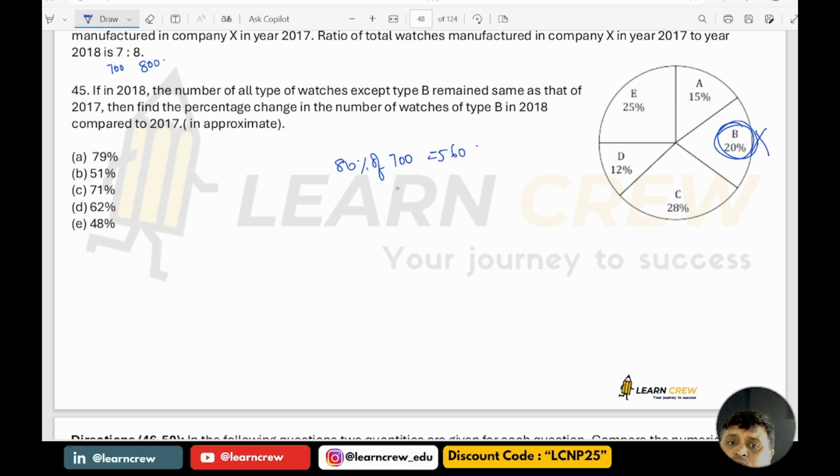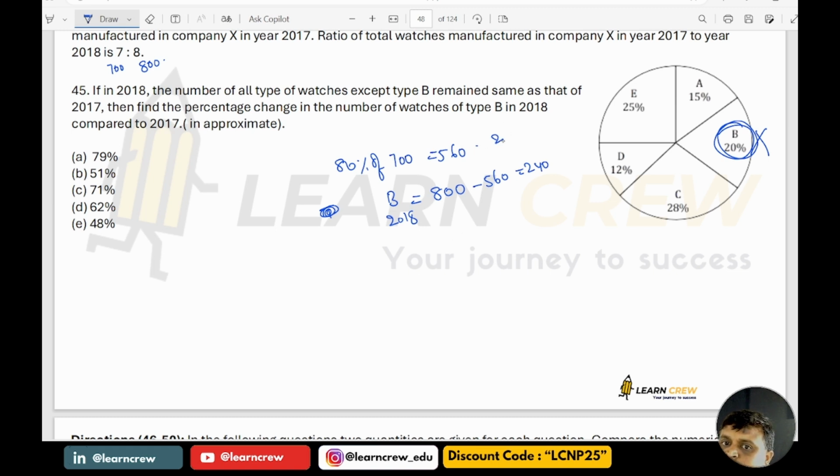Now type B would be how much? Type B in 2018: all others is 560 only, but the total is 800. 800 minus 560 is 240. So earlier it was how much? 140.